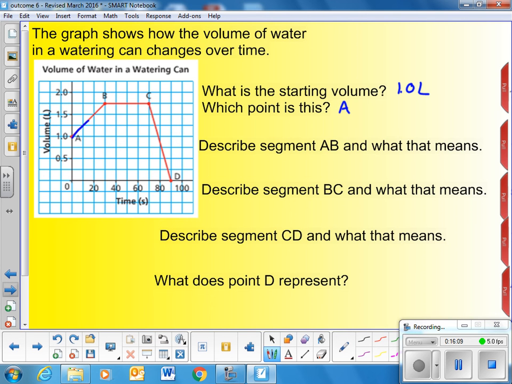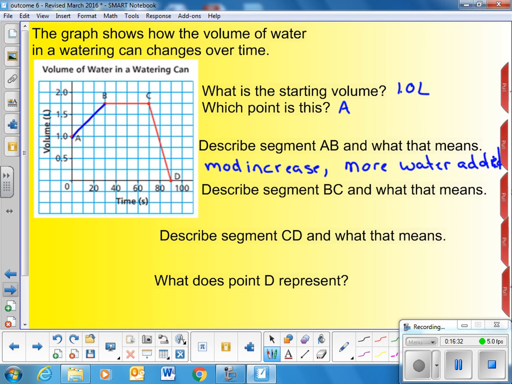So segment AB is this part of our graph. It's an increase, and we're just going to call it a moderate increase. What this means is that more water is being added. So somebody's filling up the watering can.